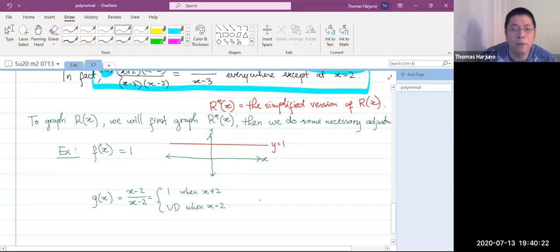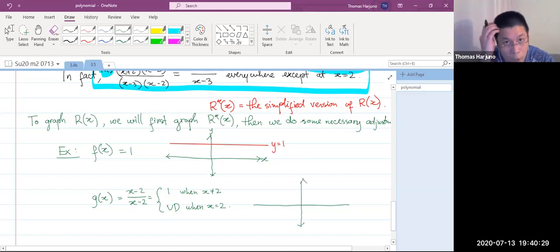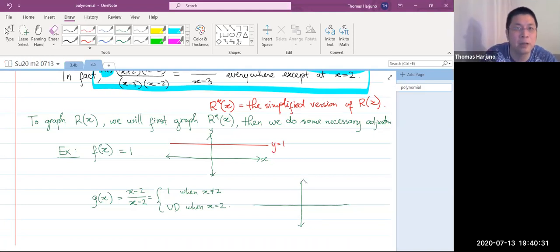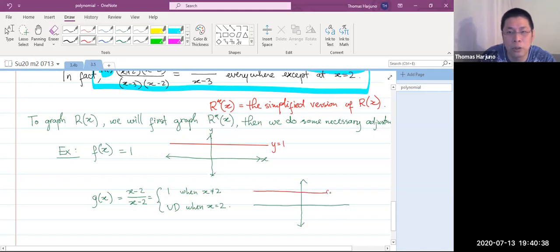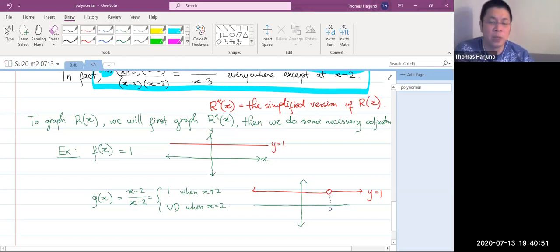So what will the graph look like then? The graph will look the same as our f(x), which is 1, except that when x equals 2, there's a hole, because when x equals 2, g(x) is undefined.